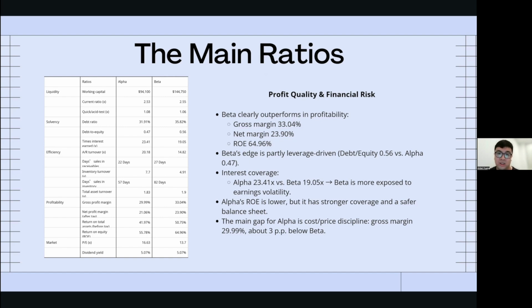When we look at interest coverage, Alpha is stronger at 23 times compared to Beta's 19 times. This means Alpha can absorb earnings volatility more comfortably, while Beta faces higher sensitivity to downturn.